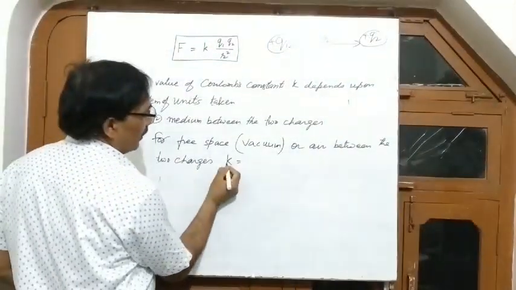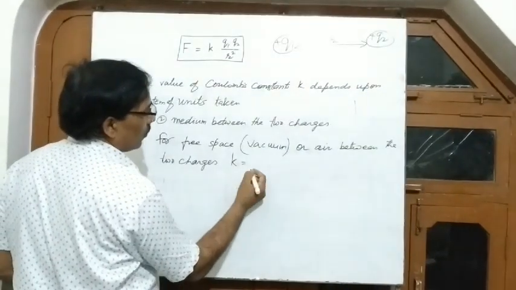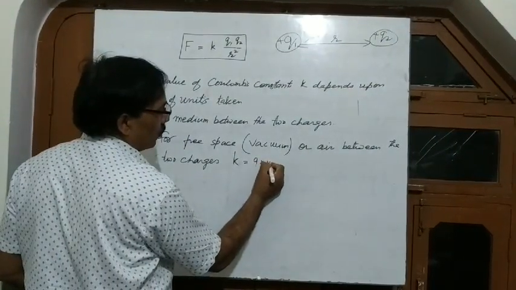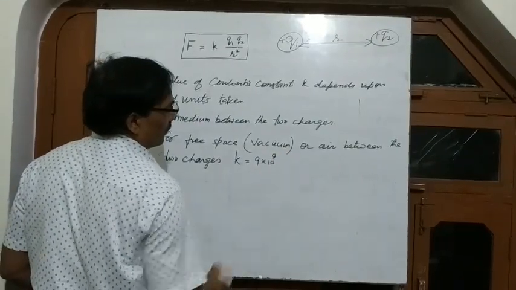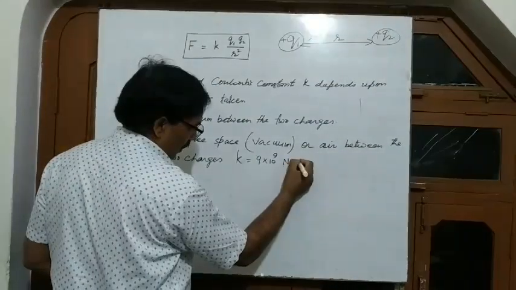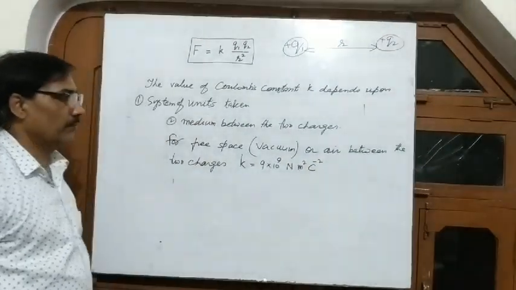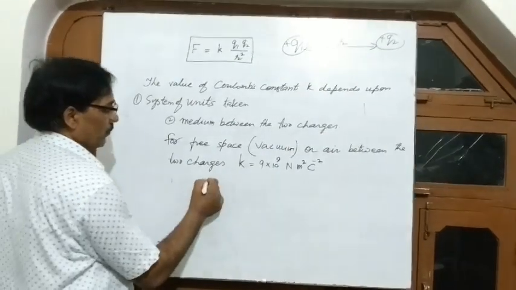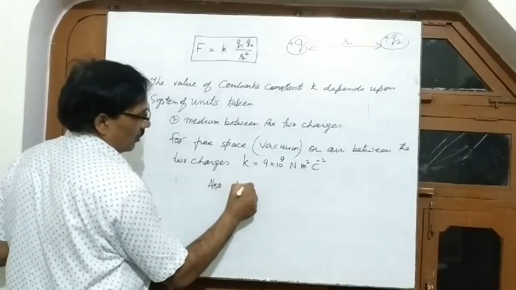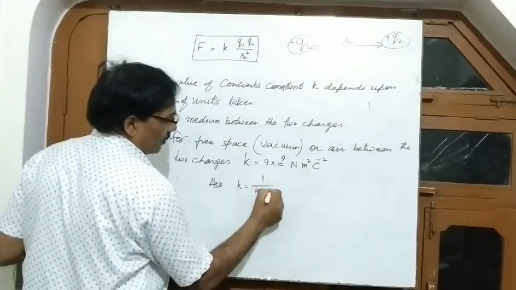K is equal, here K is small, you will write K small, K is equal to 9 into 10 to the power 9, and the unit is Newton meter square per Coulomb square. Also K is equal to 1 by 4 pi epsilon naught.